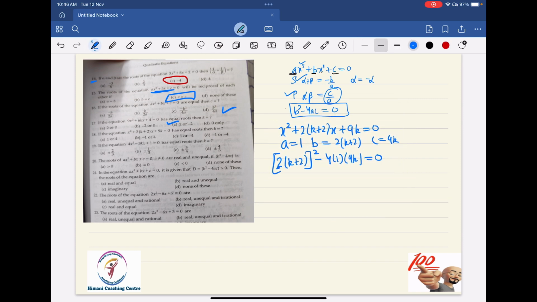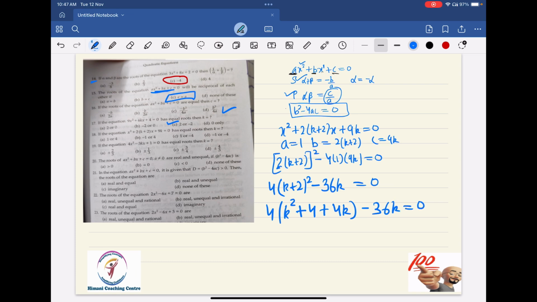Now 2 square will give us 4 times (k plus 2) whole square, and minus into plus is a minus, so minus 36k, which is equal to 0. Now (k plus 2) whole square is (a plus b) whole square, which is a square plus 2ab plus b square. In this case a is k, so k square plus 2 square, which is 4, plus 2ab, so 2 into k into 2, minus 36k, which is equal to 0.